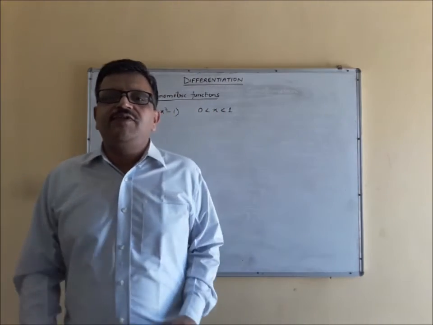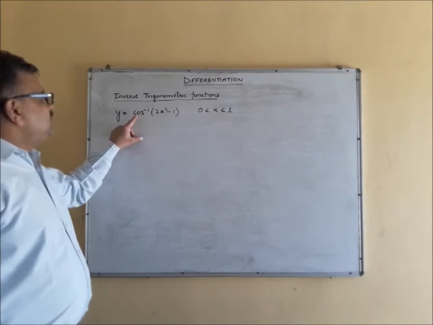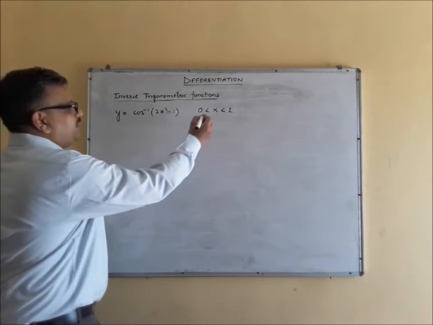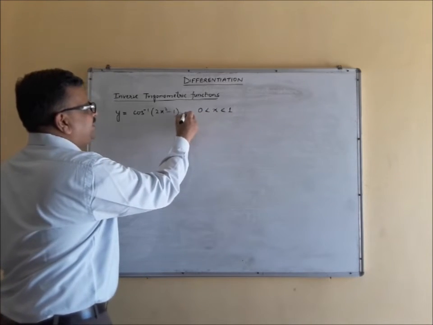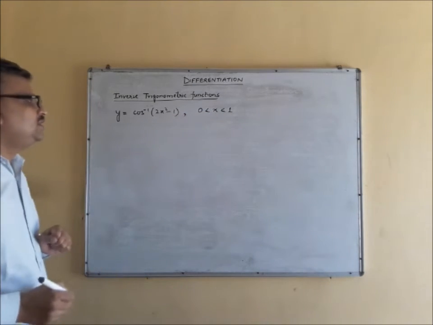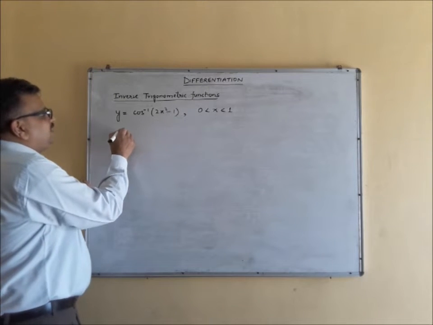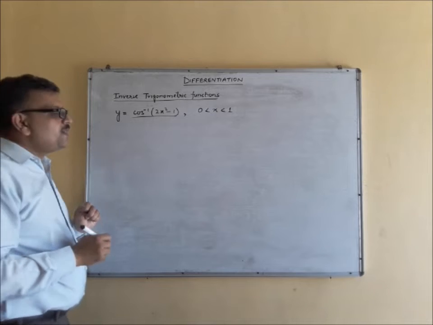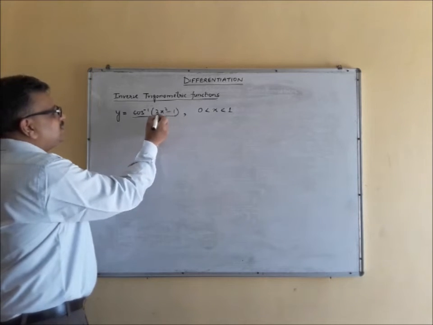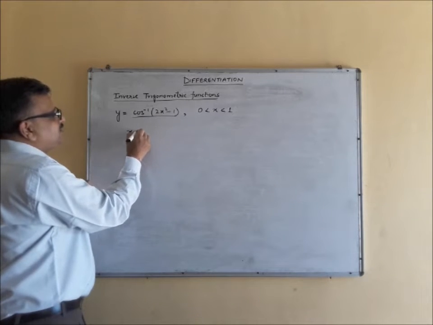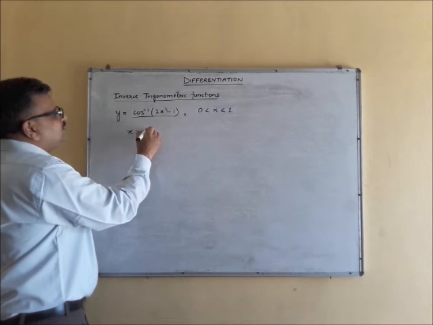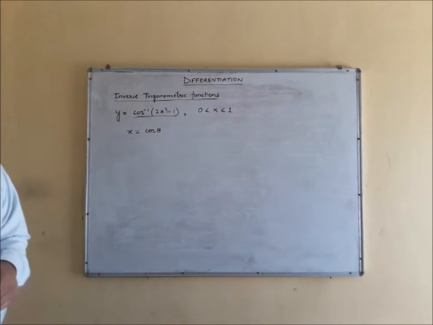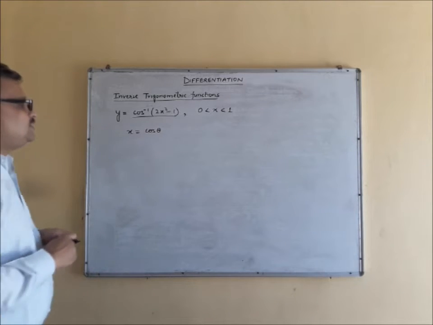Yes, now children, we will find the derivative of cos inverse of 2x square minus 1 when x lies between 0 and 1. To find its derivative, we have to simplify it. For simplifying it, we substitute x equals cos theta.